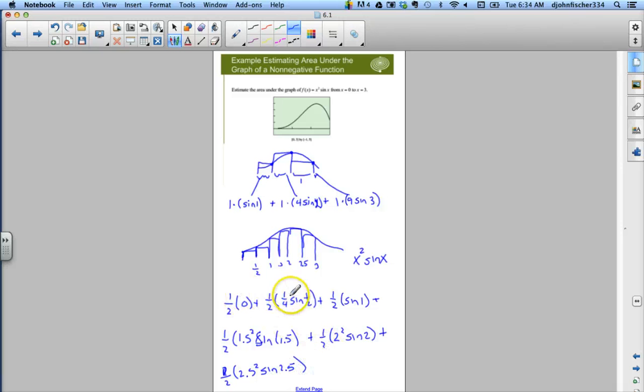Now you notice I have 1, 2, 3, 4, 5, 6 rectangles. That's what I wanted. Now if I add that up, I'm going to get an answer. Both of these give me an answer. This is right RAM with 3 intervals.